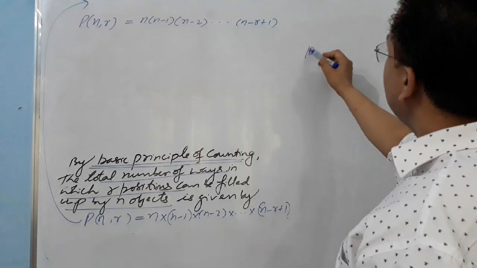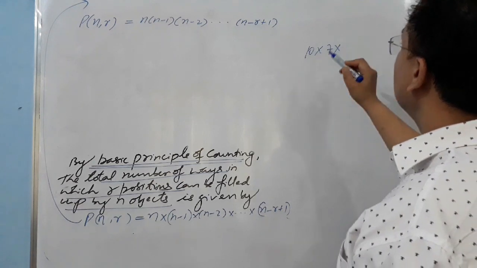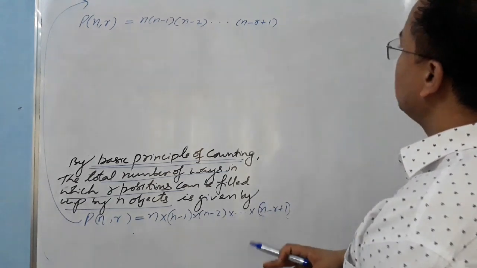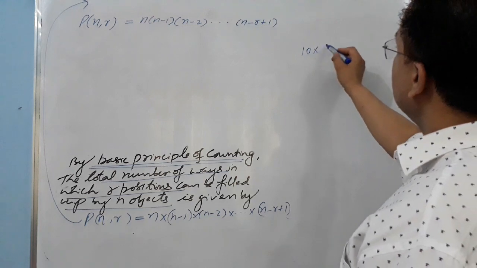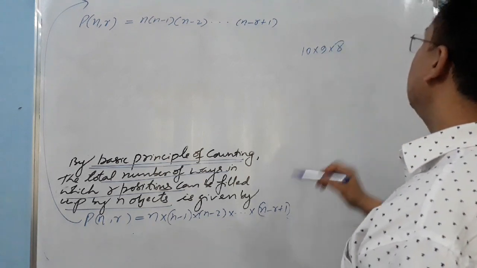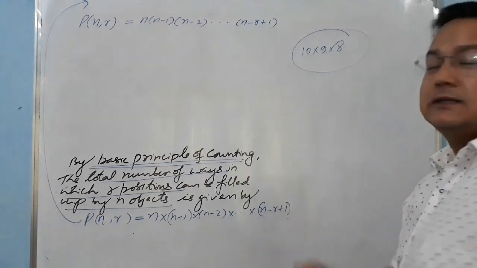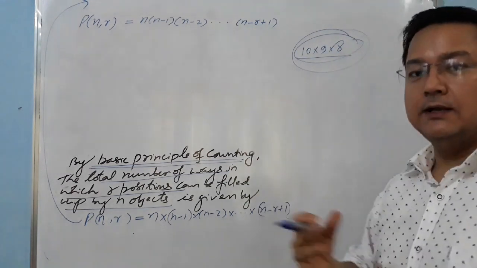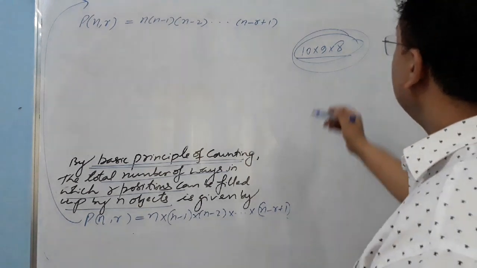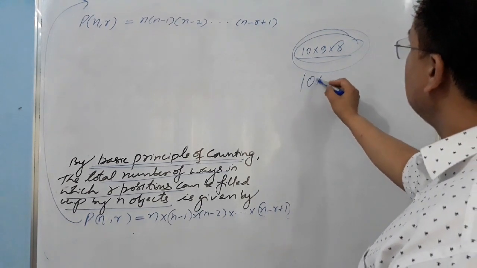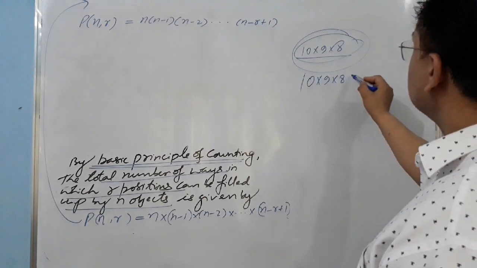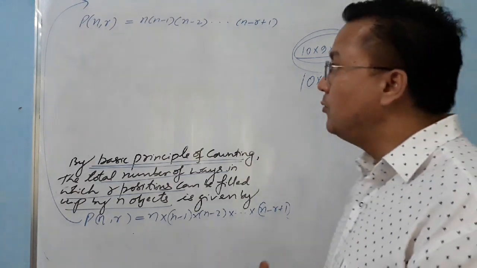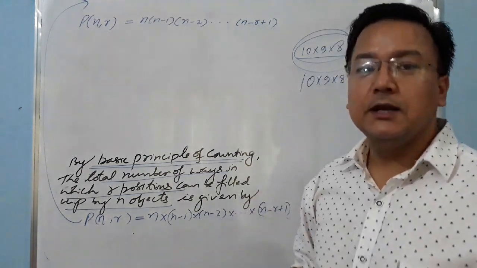See here, let me tell you one factorial concept. Suppose we have 10, 9, 8. If you want to convert this expression into factorial, firstly we have to know what factorial is.